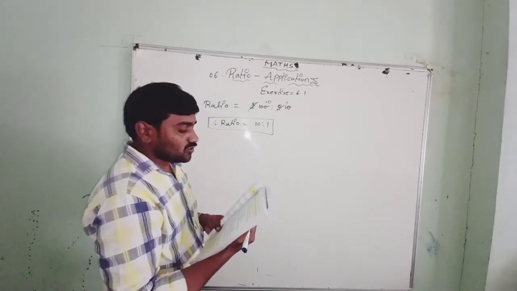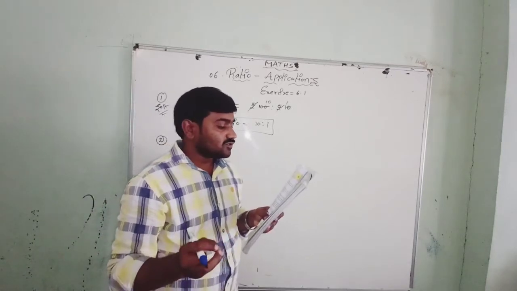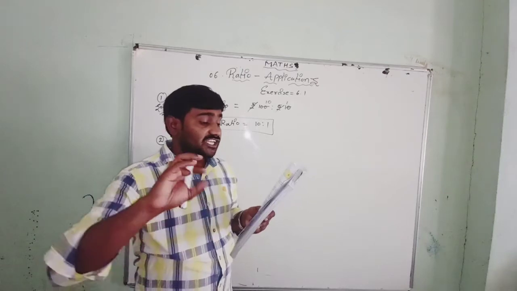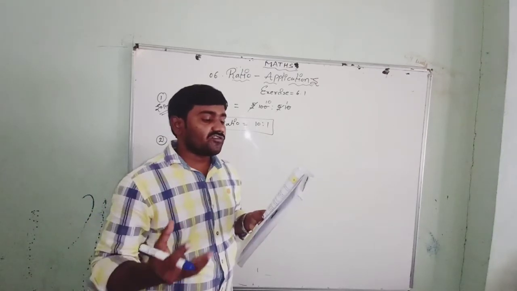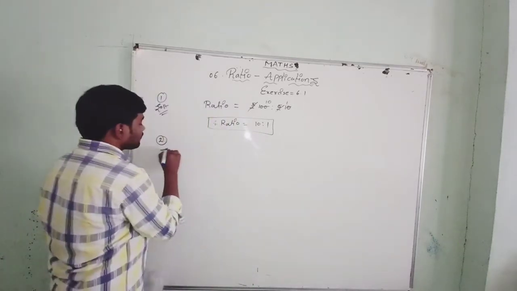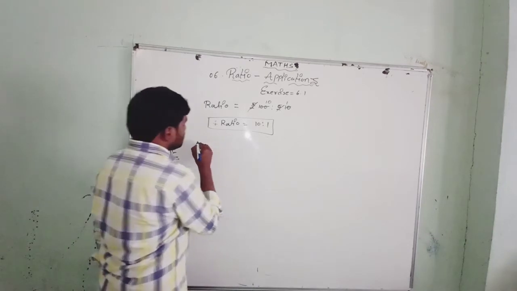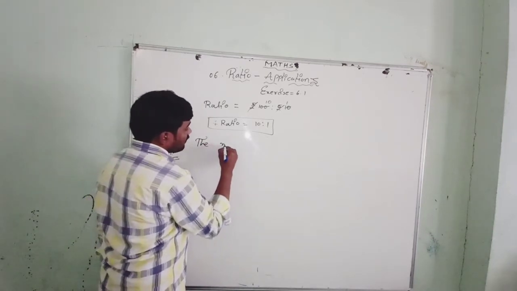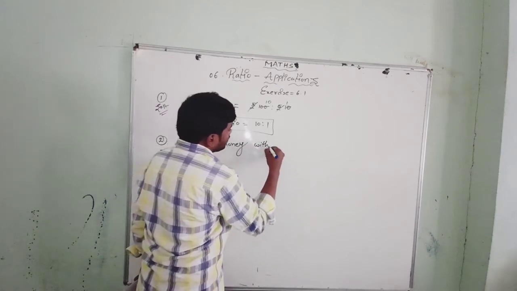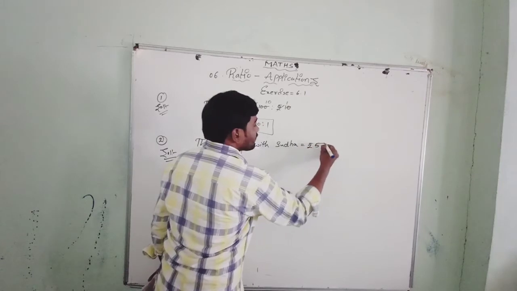Now, we go for the next one. Sudha has rupees 5, and the money with Radha is 3 times the money with Sudha. So we have to write first how much money Sudha has. The money with Sudha is equal to rupees 5.